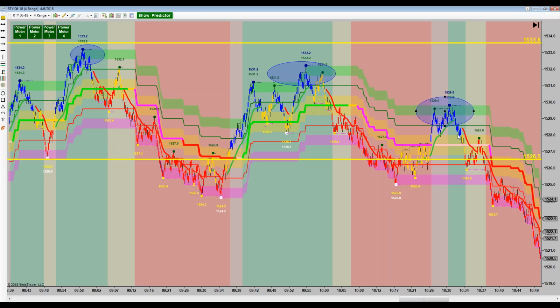Now you have the benefit of hindsight. We did it together, advancing the bars as if we were in real time. But now looking at it, A, B, or C, that things were starting to change.